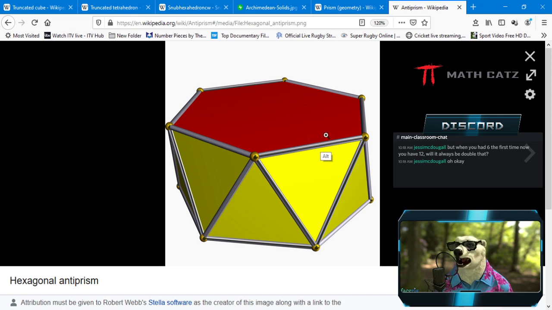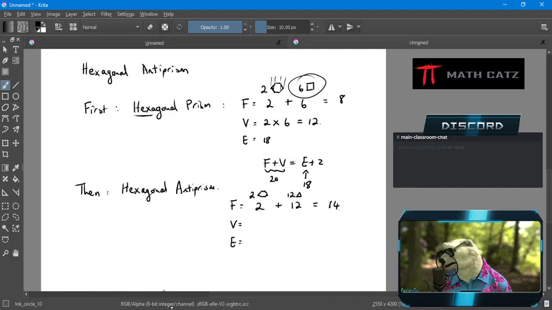So for the antiprism, the vertices don't change at all. The twisting action, if you can call it that, changed the faces and the edges, but not the vertices. So that's good news. So the vertices are exactly the same, still 2 times my original 6 because of hexagons, so still 12.